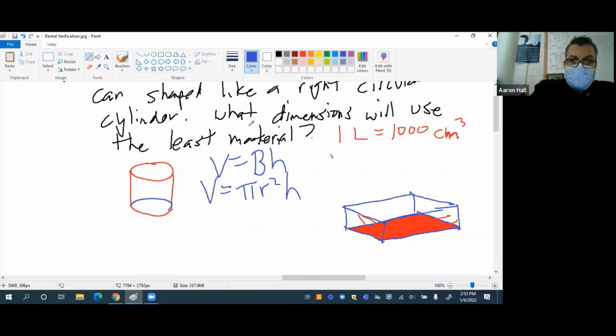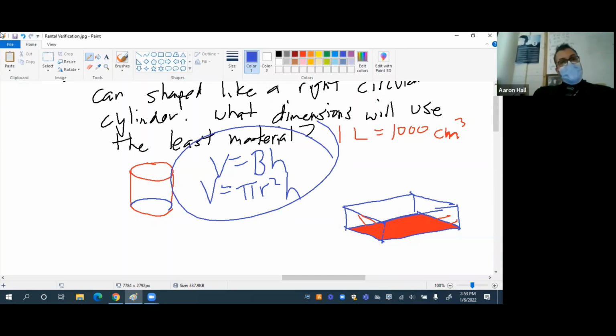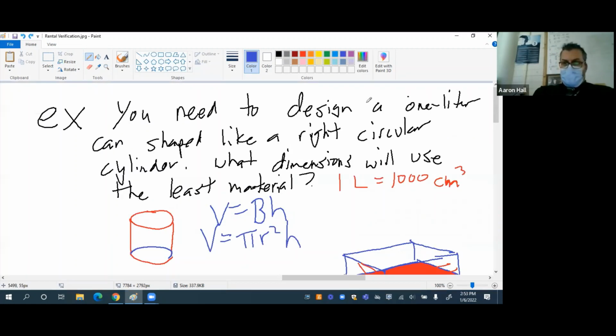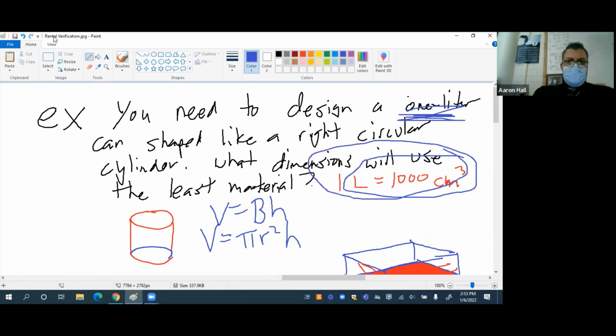Do I know anything about this equation? Yeah, it has to equal 1 liter. Our conversion is 1 liter is 1,000 centimeters cubed.